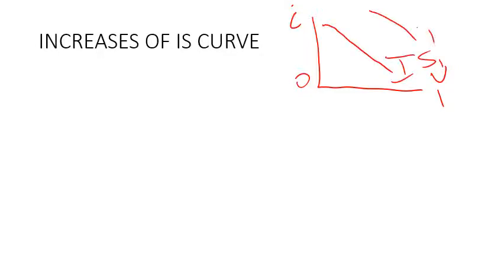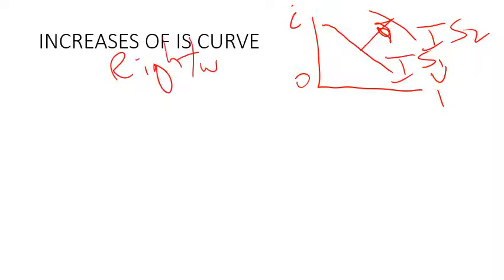Increases of the IS curve. Interest rate, national income, IS1 to IS2. That's an increase of the IS curve, and that is a rightward shift. So what causes increases of the IS curve?